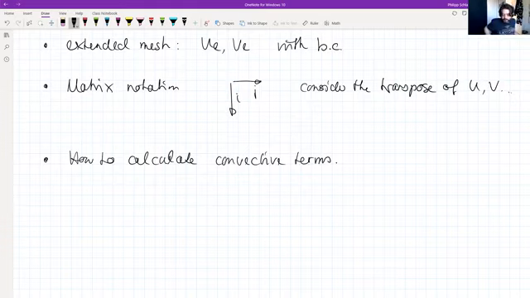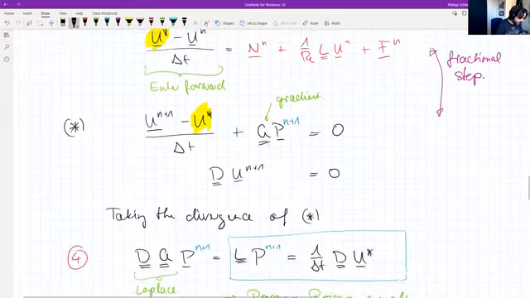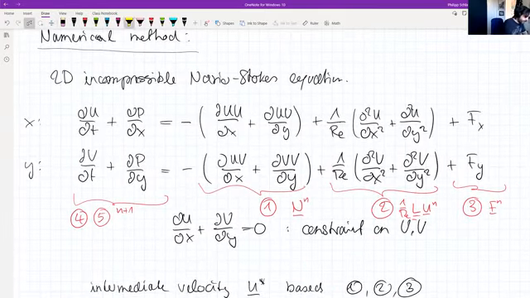I would like to do that with one example. I would like to calculate the term d(uv)/dy as an example term. That's a term that appears in the equation, just one term in the streamwise momentum equation.